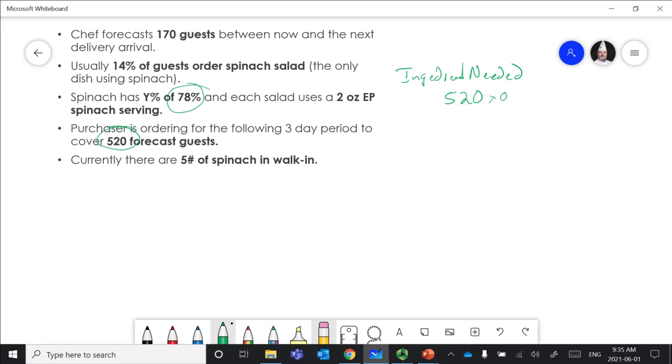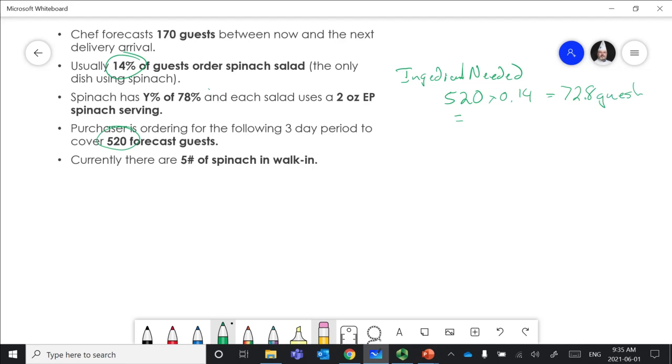So times 0.78, which is going to give us a total expected number of guests of... that's my yield. 14%. Sorry, I'm looking at the wrong one. Okay, 0.14, which is going to give us 520 times 0.14 gives us 72.8 guests are going to have a spinach salad.